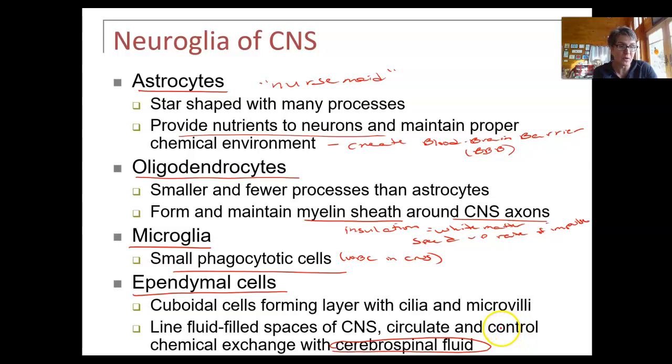Crack open your head, it's not going to be bloody because I have the blood-brain barrier. So the fluid that's actually taking care of my brain cells is cerebrospinal fluid, and there's a whole special little flow of CSF that we will talk about in chapter 12. No, in chapter 14.